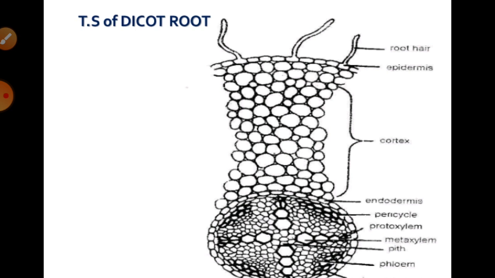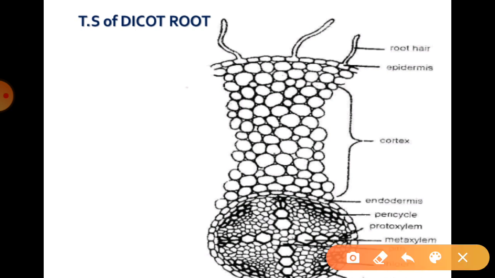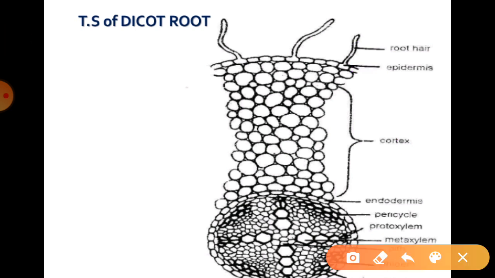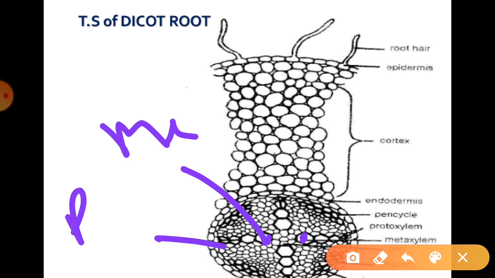You can easily understand this in the diagram: root hairs are these, then epidermis, cortex, endodermis. After the endodermis there is a metaxylem and protoxylem. You can see where the metaxylems are situated, they are inside here. These are the metaxylems and these are the protoxylem.